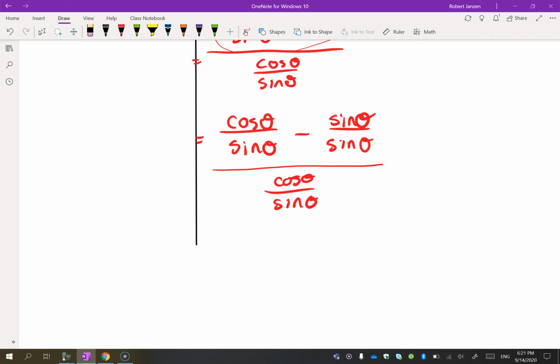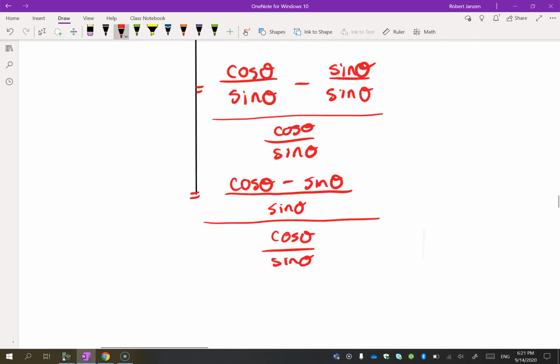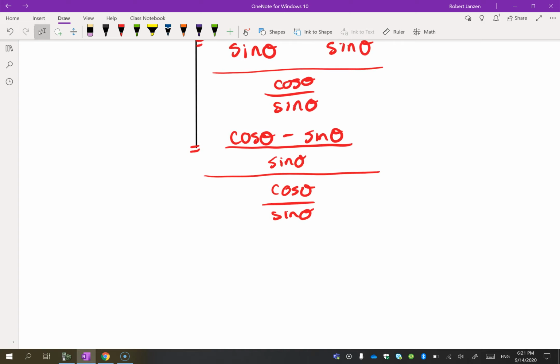Okay? So on the numerator, I'm going to have cos minus sine over sine, all over cos over sine. Now what? Well, remember this is division, right?